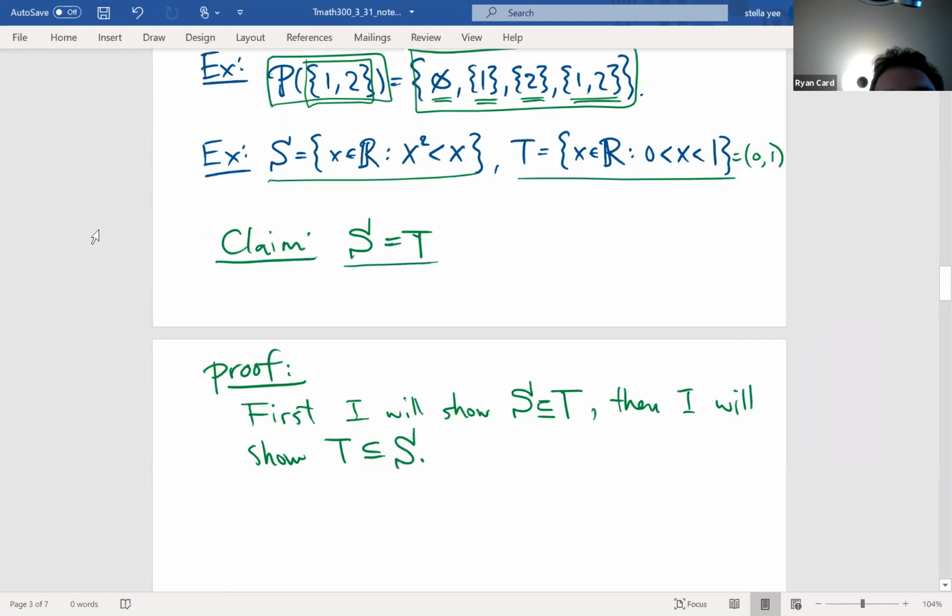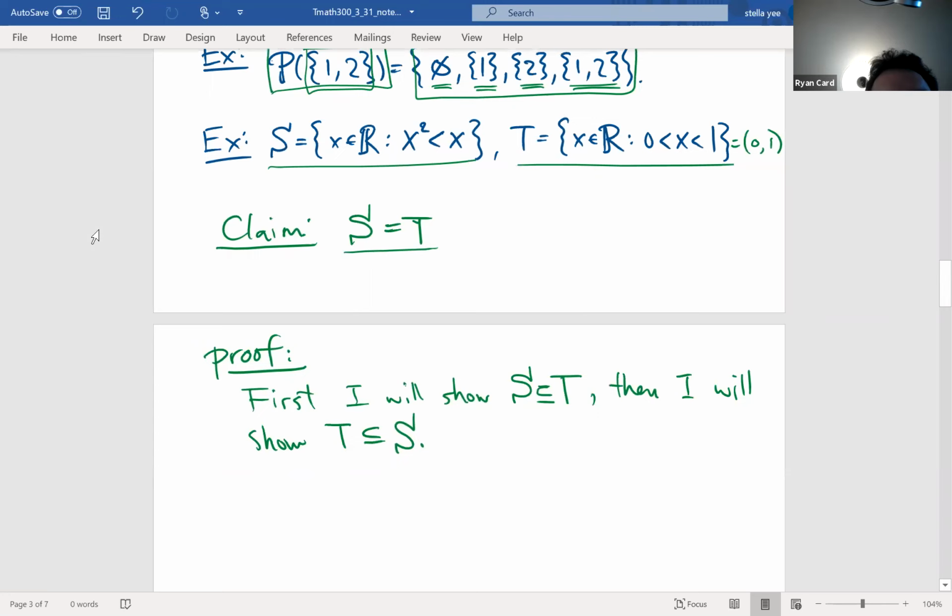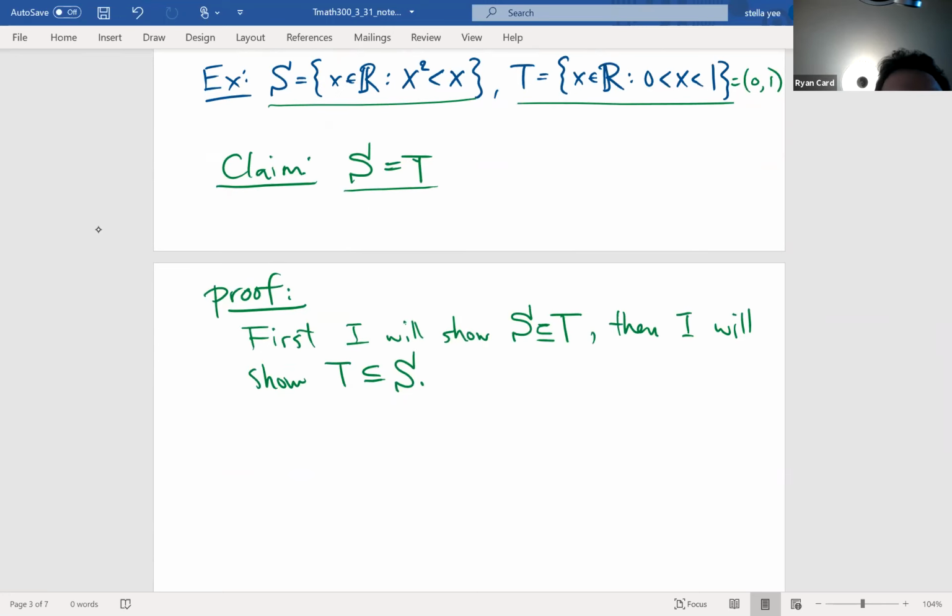Okay. What we could do is pick any element in S. So let's say let x belong to S. I look at an element in S, and I want to show that this description implies that it satisfies the description for T. Okay.